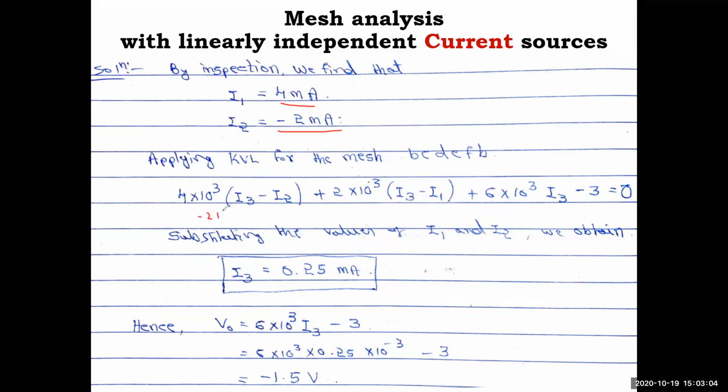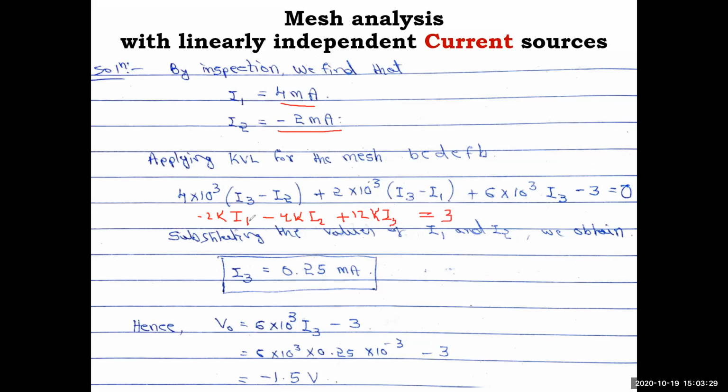Minus 2k I1 minus 4k I2, write this down. After simplifying, 4k I2 plus 12k I3 is equal to plus 3. Okay, so this is the equation.